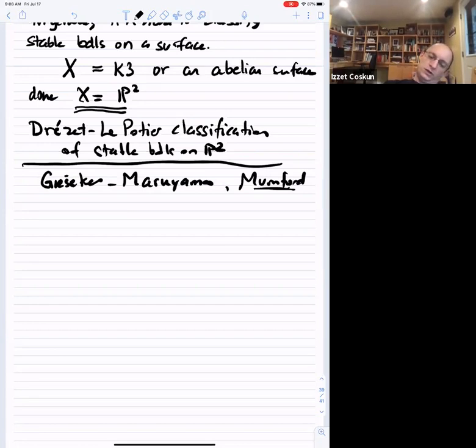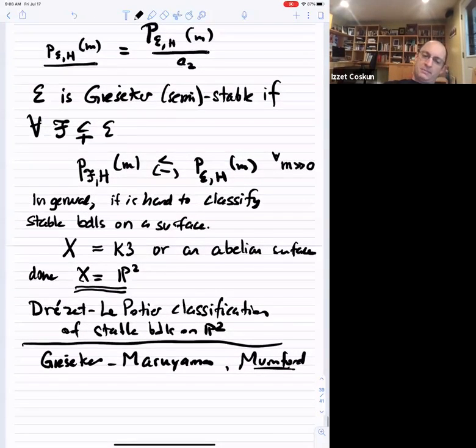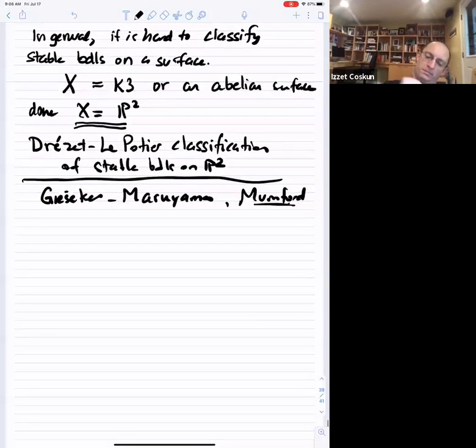So here is what you can do. The way you should think about stable bundles is that they are building blocks of all bundles. What does that mean? Suppose you give yourself a vector bundle, or a torsion-free sheaf, then this has a filtration like this.